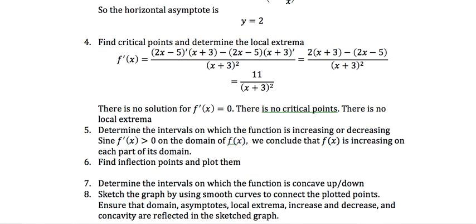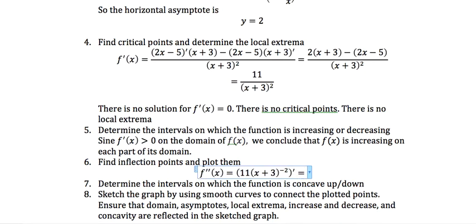So we first need to calculate the second derivative. The second derivative of f(x) is just the derivative of the first derivative. The first derivative, I rewrite it as 11 times (x plus 3) to the negative 2 power.